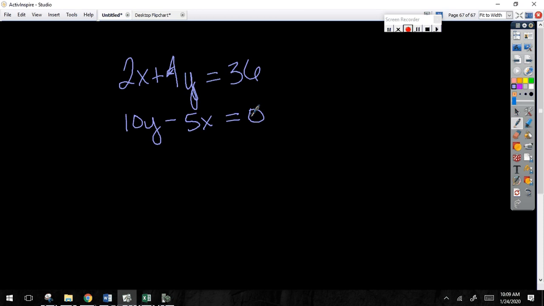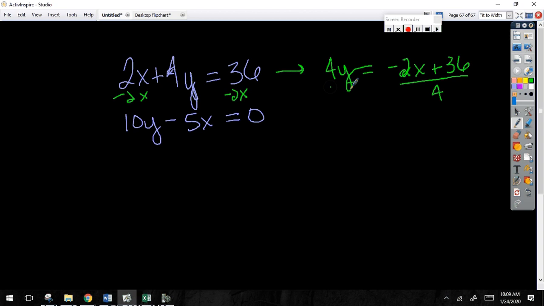That's one thing you are going to have to do. For the first equation, I'm going to move the 2x and then divide everything by 4. So I have 4y equals negative 2x plus 36. Divide everybody by 4.